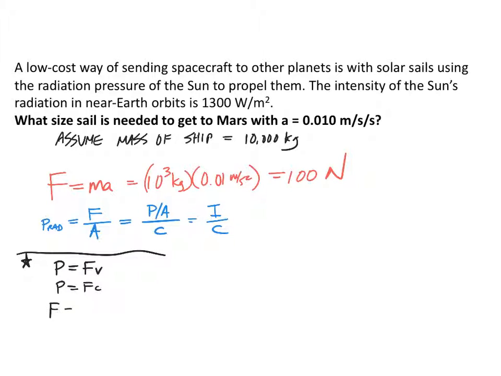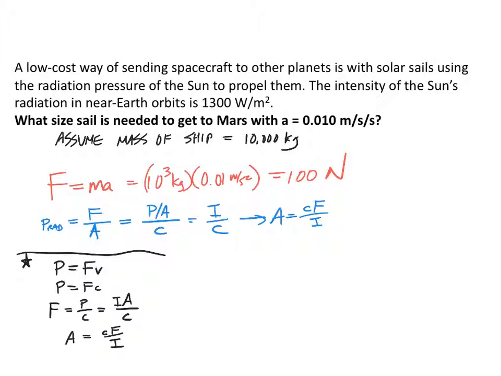Well, that means force is going to be power over c, and power is equal to intensity times area, and that means that area is going to be CF over I. Which I'd also get from the blue stuff. Area is going to be CF over I. What I wrote in blue is equation hunting from textbooks.